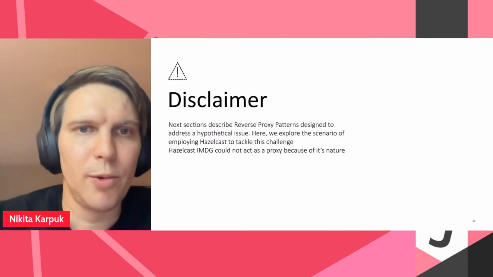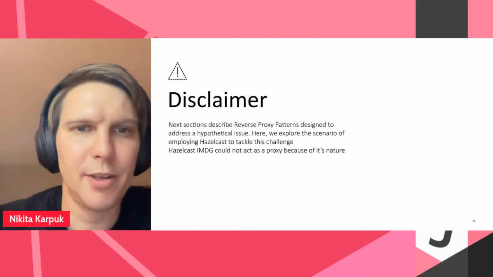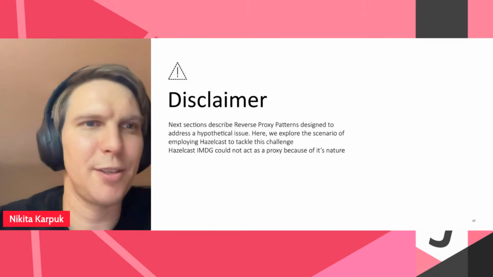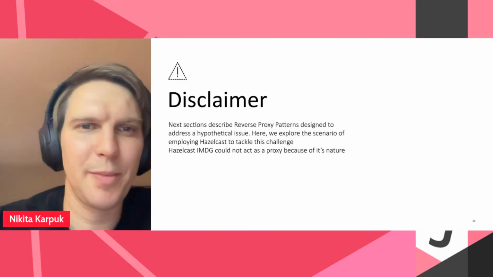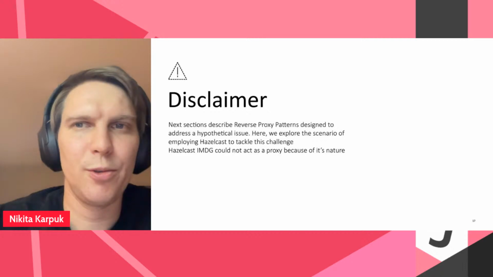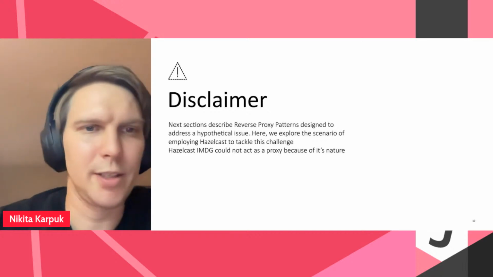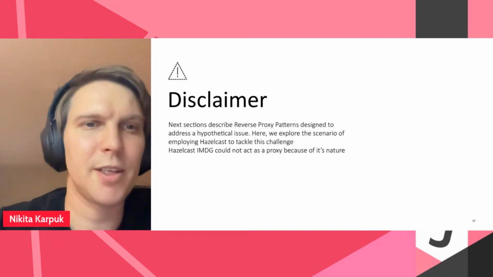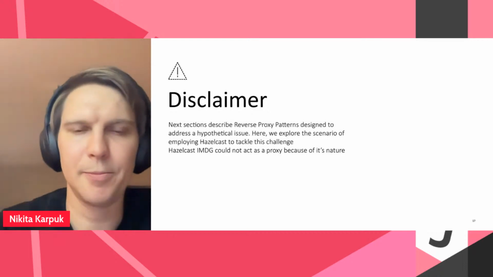First of all, the reverse proxy pattern. Hazelcast in-memory data grid could not act as a proxy because it serves different purposes. That's why we are going to see how it could look if you employ Hazelcast in-memory data grids in a supportive role to implement these patterns.